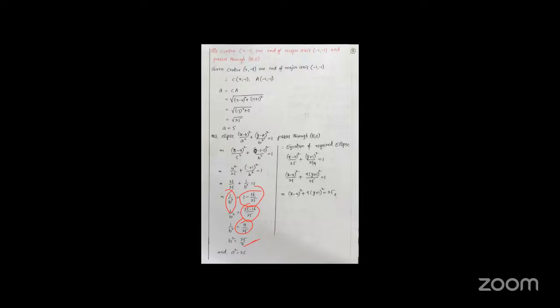And also we have a square as 25. So we have a square and b square. Now apply the values in the equation. We get x minus 4 whole square by 25 plus y plus 1 whole square by 25 by 9. By simplifying, we get x minus 4 whole square by 25 plus 9 into y plus 1 whole square by 25 equal to 1.